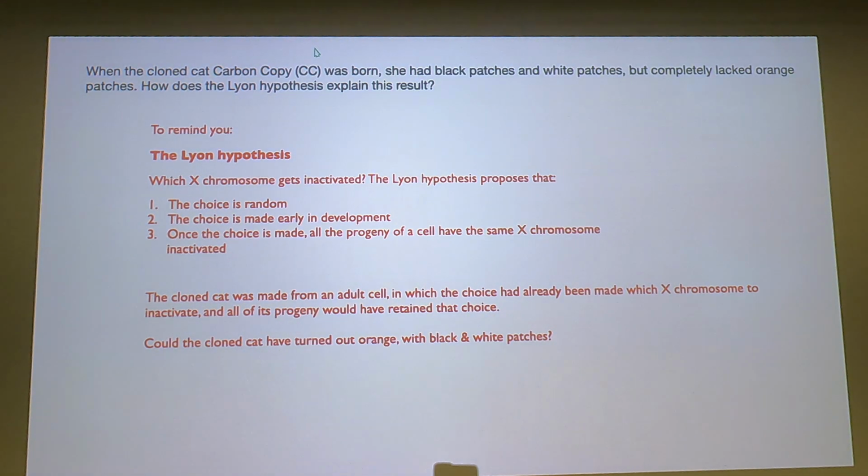Here's a more advanced question. Could this be a bad thing? Could there be consequences to the cloned cat produced by this method? What could they be? It's genetically identical. There could be deleterious mutations on the chromosome that gets activated. Right. Yeah, so often in normal individuals, so like all you women out there, you are a mosaic, a patchwork of cells where some have turned off one X chromosome, some have turned off the other one.